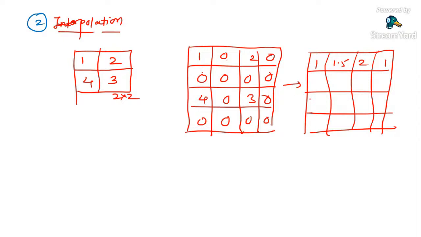Next, 4 plus 3 is 7, divided by 2 is 3.5. Similarly, 4 plus 4 divided by 2 gives 2.5, and so on. So you can average it. 1.5 will become 1, or you can take it as 2, and 1.25 will be equal to 1. Likewise you can interpolate and increase the size of the image. This is the second technique for zooming images, called interpolation.